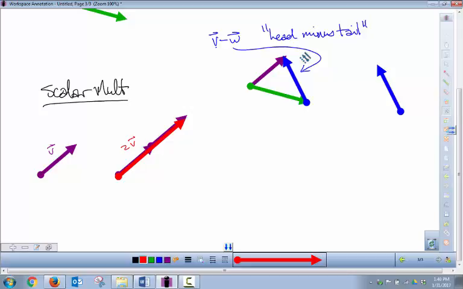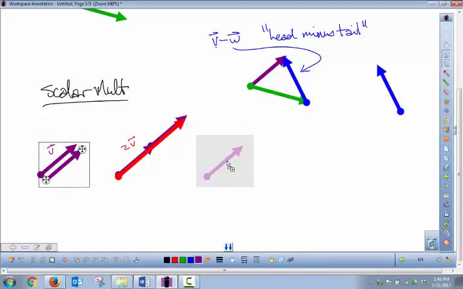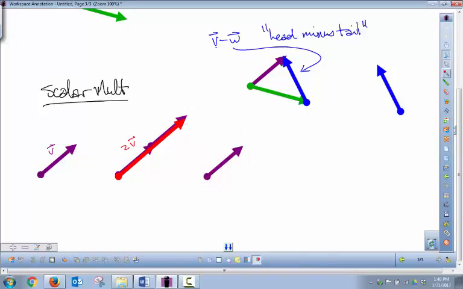So let's do a couple more examples where we're cutting it in half. Like 1/2 v. So 1/2 v is essentially taking this, going in the same direction, except the magnitude now has been cut in half, has been scaled, so to speak.